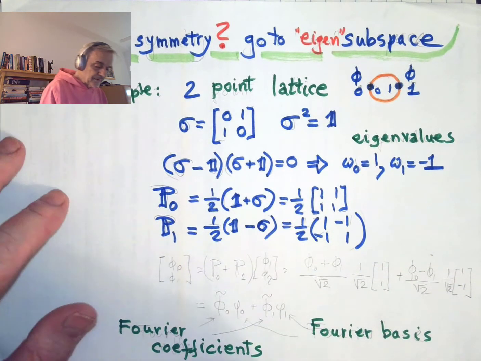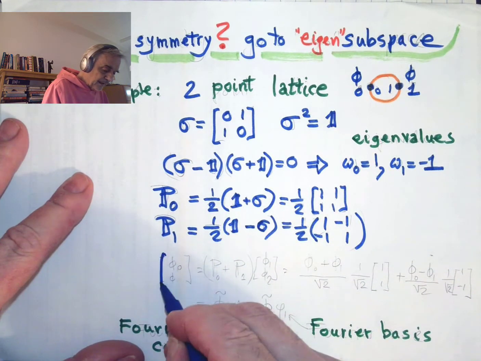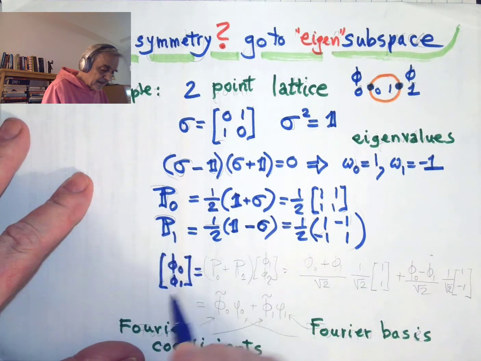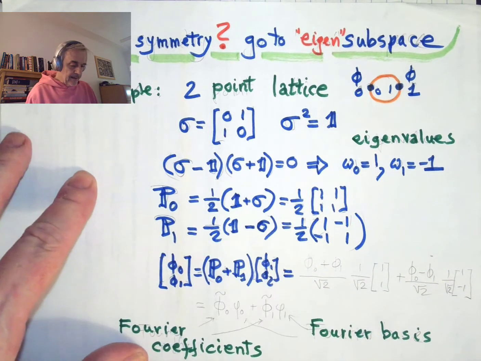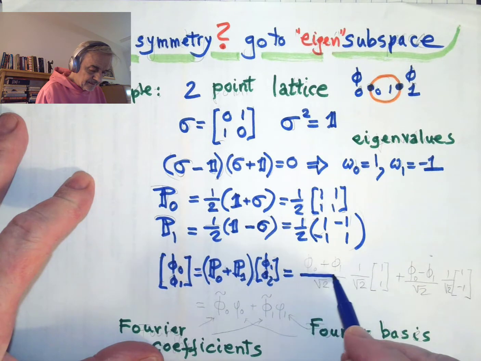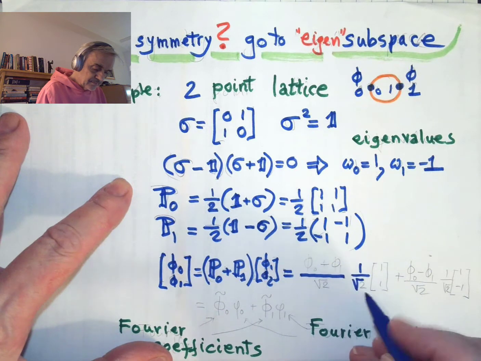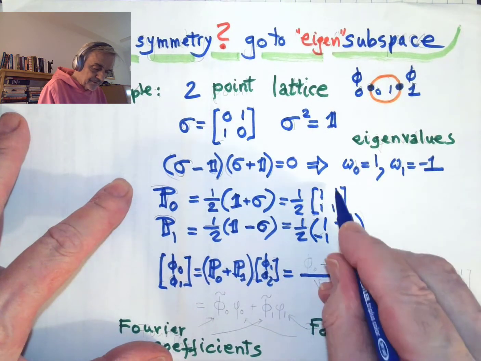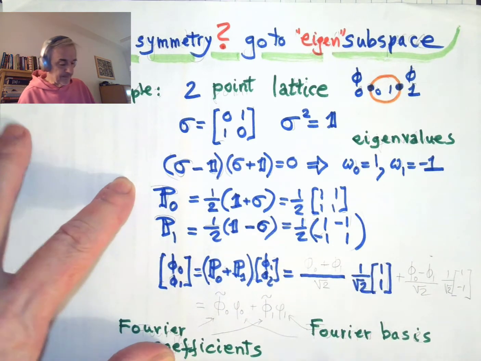And so now we use our trick. If I look at my lattice state, I can multiply it by 1 but 1 is the sum of these two projection operators. And, in this particular case, if you work a little bit, you can rewrite this as 1 over square root of 2. This is a vector, corresponding to these columns of this guy. This is the symmetric combination.